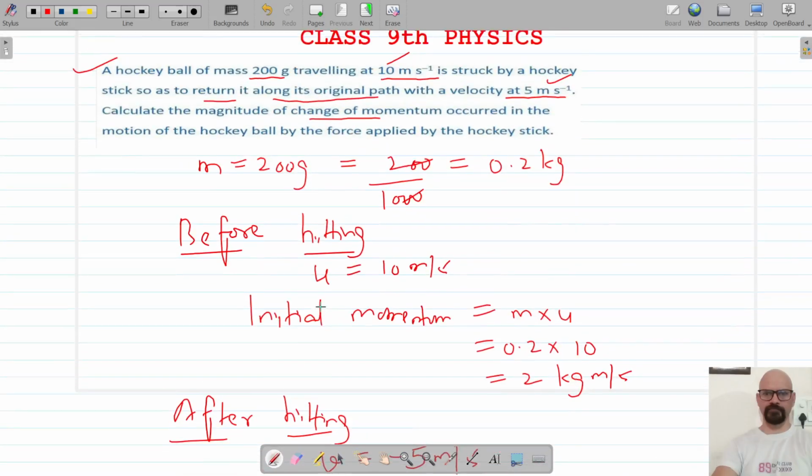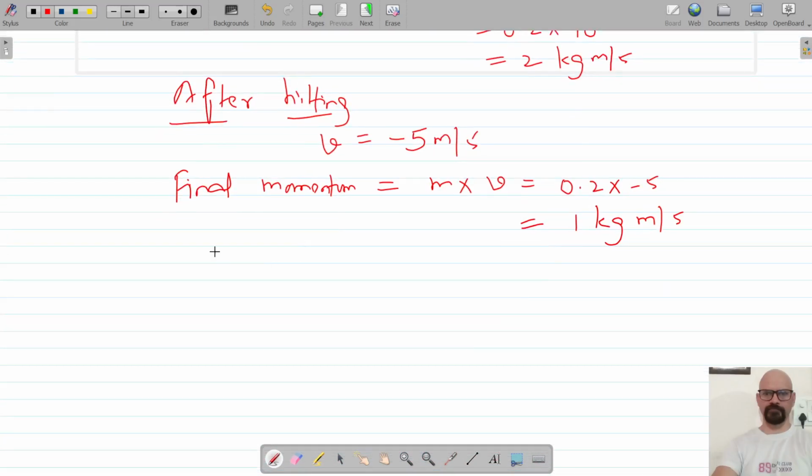We have to find the change in momentum. And we know that it's final value minus initial value. If it's the change in momentum, it has to be final momentum minus initial momentum.